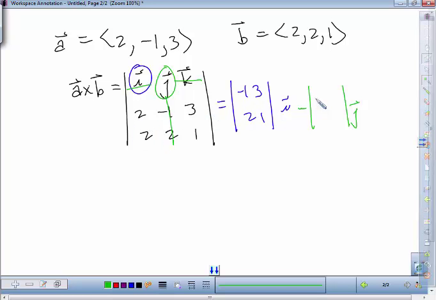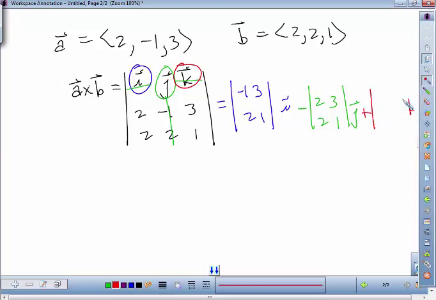I have a 2, 3, 2, 1. So I'll figure that out. And then the last one is a K. In the K component, we cross out the row and the vector, and it looks like I'm going to have a 2, negative 1, 2, positive 1.